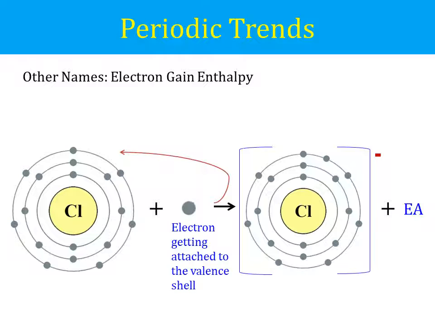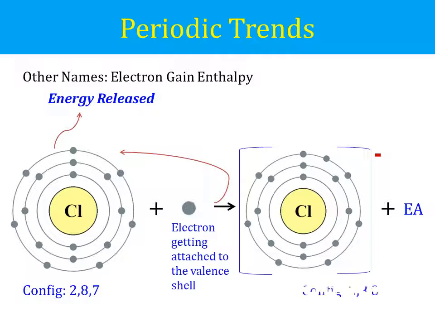Okay. So if we compare in a very simple way, this is basically a configuration of 2,8,7. This is the configuration of chlorine. And from this 2,8,7, with the addition of this electron, it has converted itself into a configuration of 2,8,8.